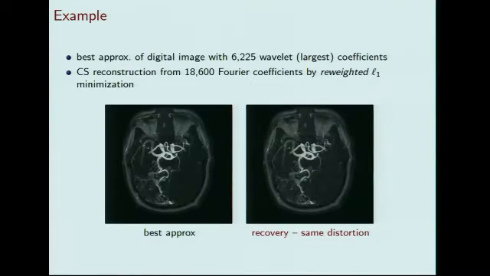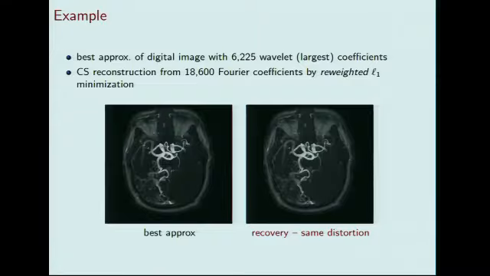And in practice, this works well. The oversampling that we need in practice to get to within the distortion we would get by knowing ahead of time the largest coefficients is about 3. Here's a real image now, which is not sparse at all. What you're seeing is the recovery I could get if I knew the 6,000 largest wavelet coefficients.